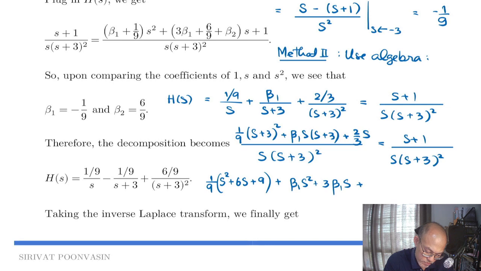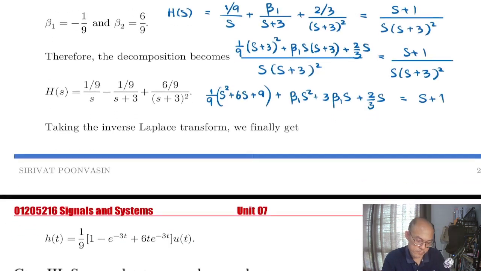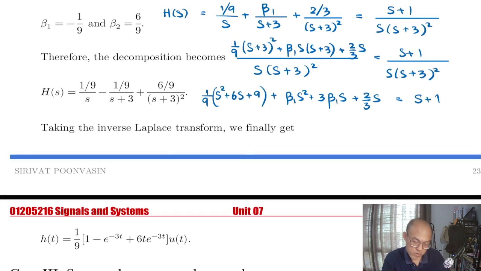And the third would be 2/3 s. And I know that has to be equal to s plus 1. Okay, now I group s squared together. I'm going to have beta 1 plus 1/9 times s squared.